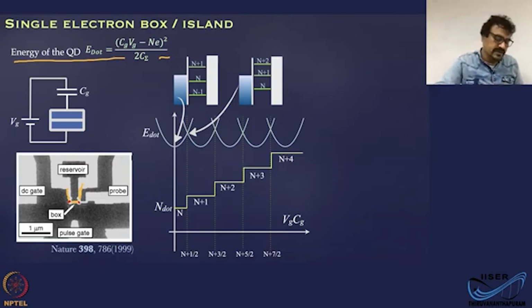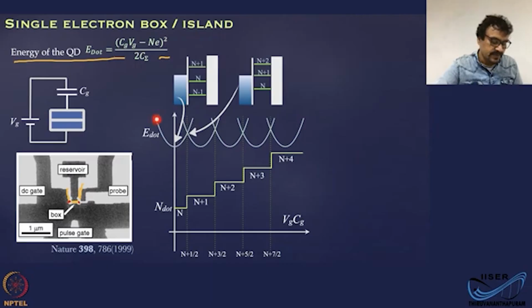Now, this is an equation for a parabola, which is as represented here. And this parabola is centered at Ne. Now, when you vary this gate voltage, you are lowering or raising the electrostatic potential of the dot in a continuous manner.